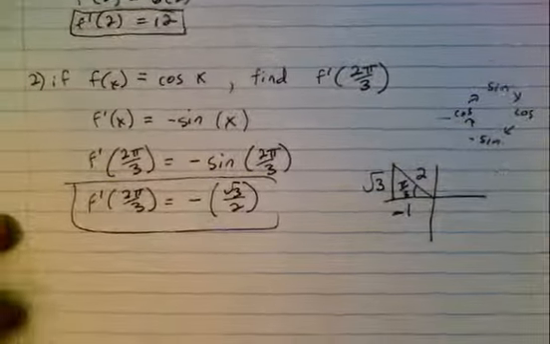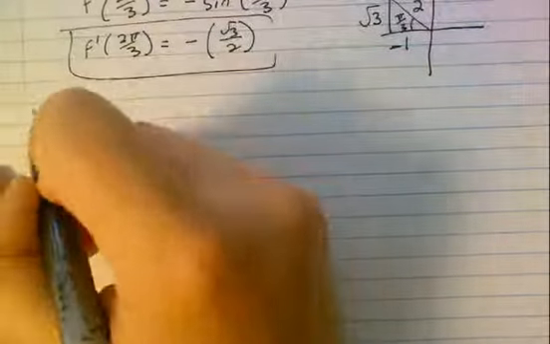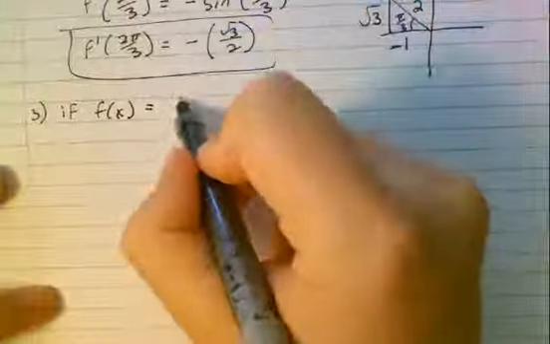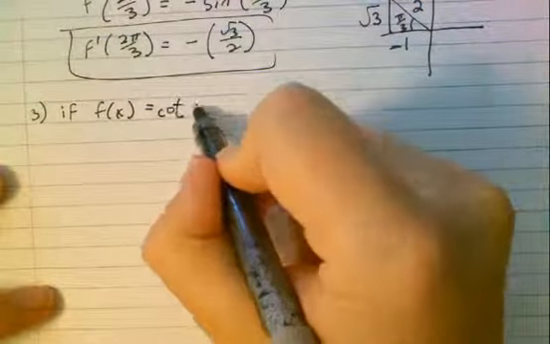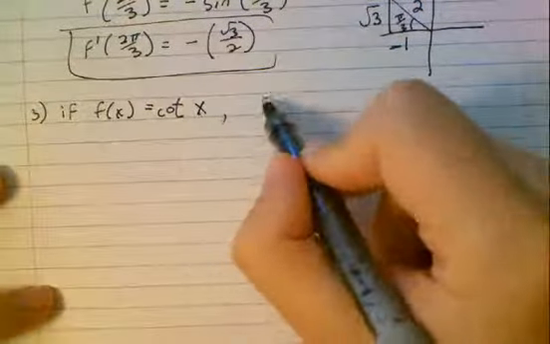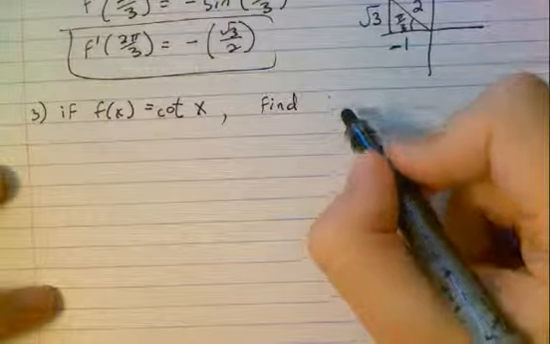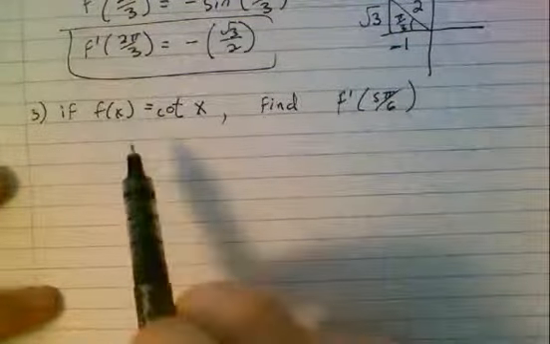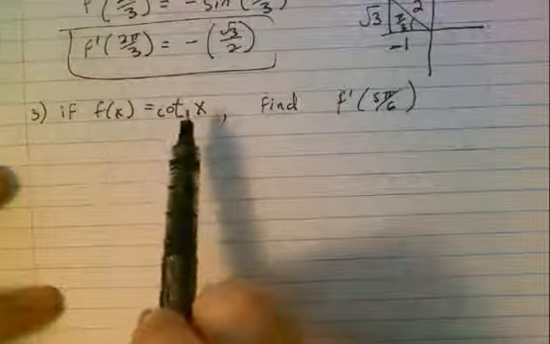So let's give another example with trigonometric functions, just because those ones can sometimes be a little tricky. Let's say that f of x is the cotangent of x. We want to find f prime of 5 pi over 6. Now, we have to remember what the derivative of cotangent is.